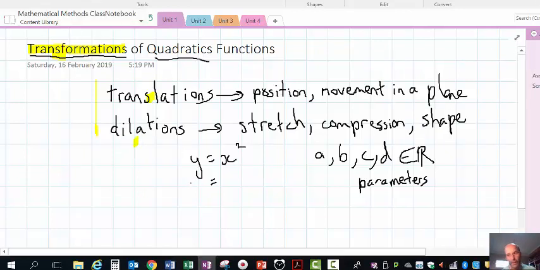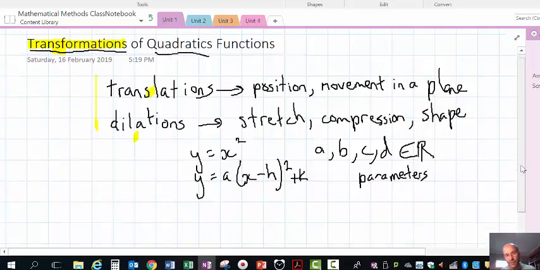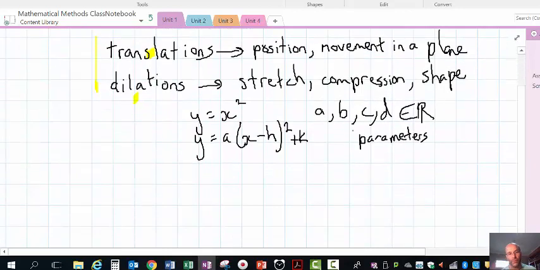Now you might remember our friend y equals a outside of x minus h, all squared plus k. That is a surprisingly helpful form of the parabola, because if I was to write this, you can see some similarities.